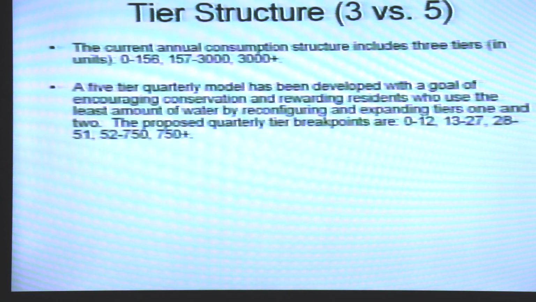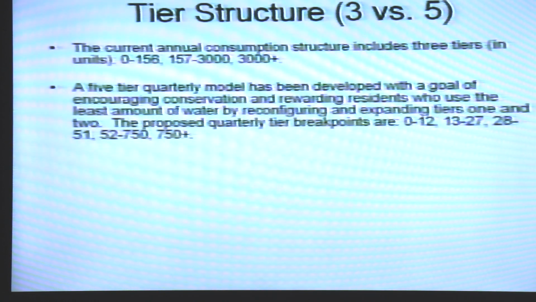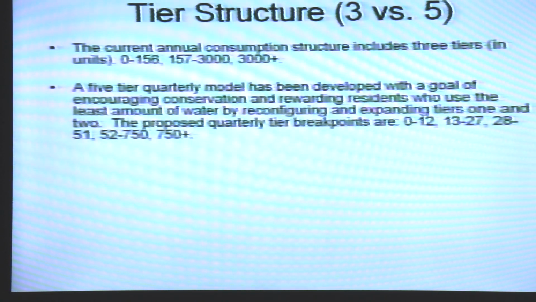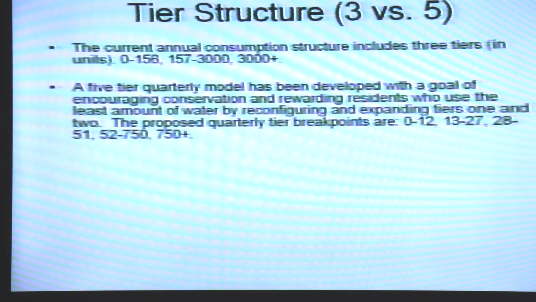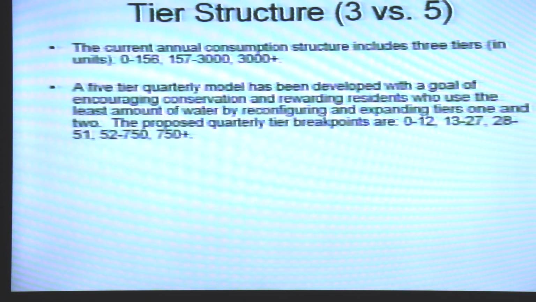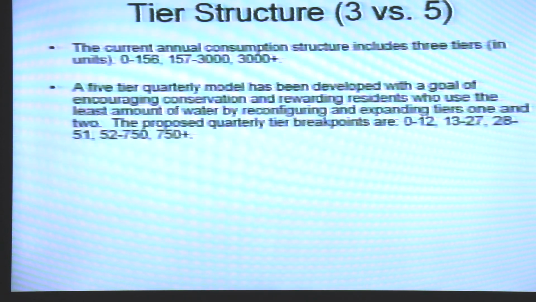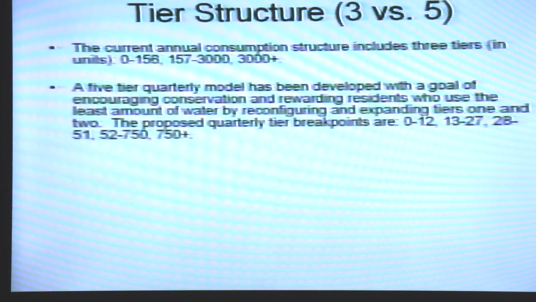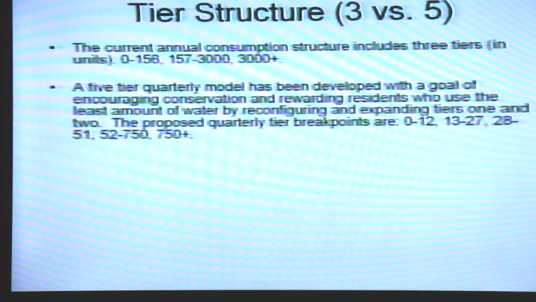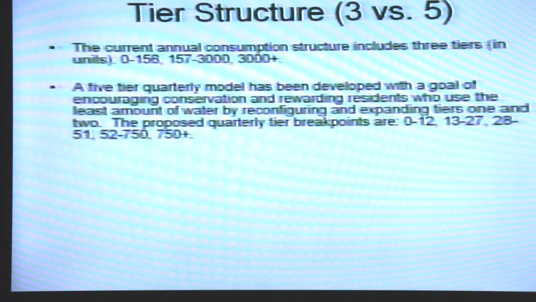A 5-tier quarterly model was developed by the staff with a goal of encouraging conservation and rewarding residents who use the least amount of water by reconfiguring and expanding tiers 1 and 2. And the proposed quarterly breakpoints are 0 to 12, 13 to 27, 28 to 51, 52 to 750, and over 750.